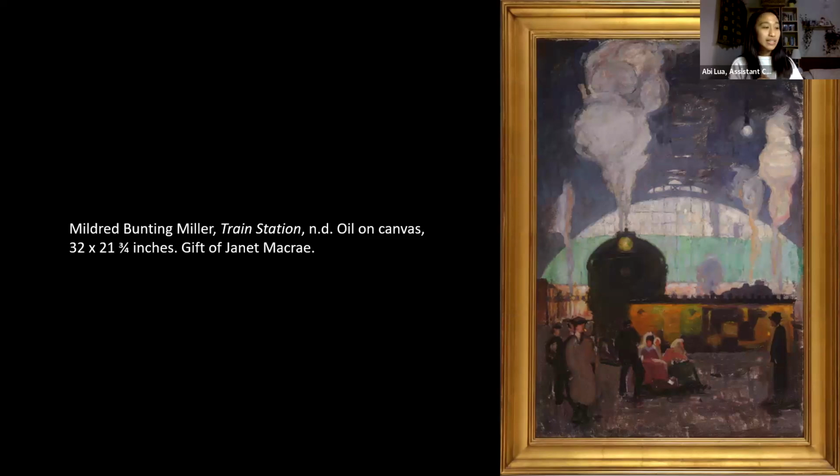Mildred Bunting Miller was a female painter who was trained in the style of the Pennsylvania Impressionists. And so we have this work by her and then two others by her in our permanent collection. But she's really well known for the way that she depicts light off of surface. And you can see that in the way that she treats the steam coming from the train.